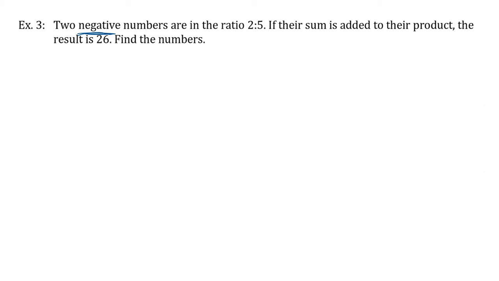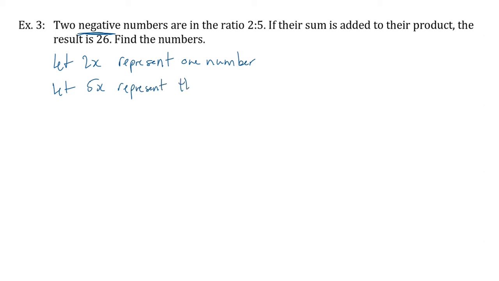The first trick is I'm not going to let x represent something. I'm actually going to let 2x represent one number, and I'm going to let 5x represent the other number.